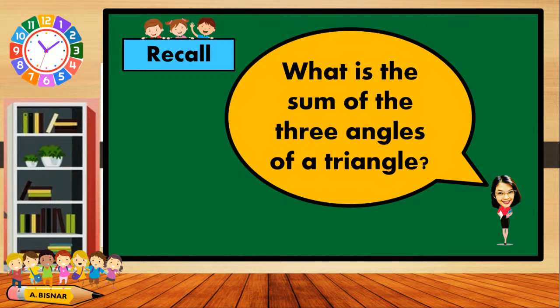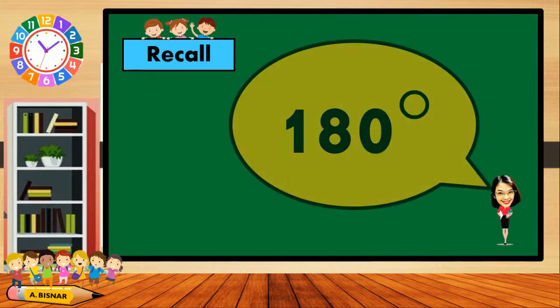Hala, nalimutan na. Di ba yung pinag-aralan natin last week, kapag may nawawalang angle, saan nyo siya binabawa? Pag given yung dalawang angle. From what we have studied last week, the sum or the total measure of all the angles of a triangle is 180 degrees.